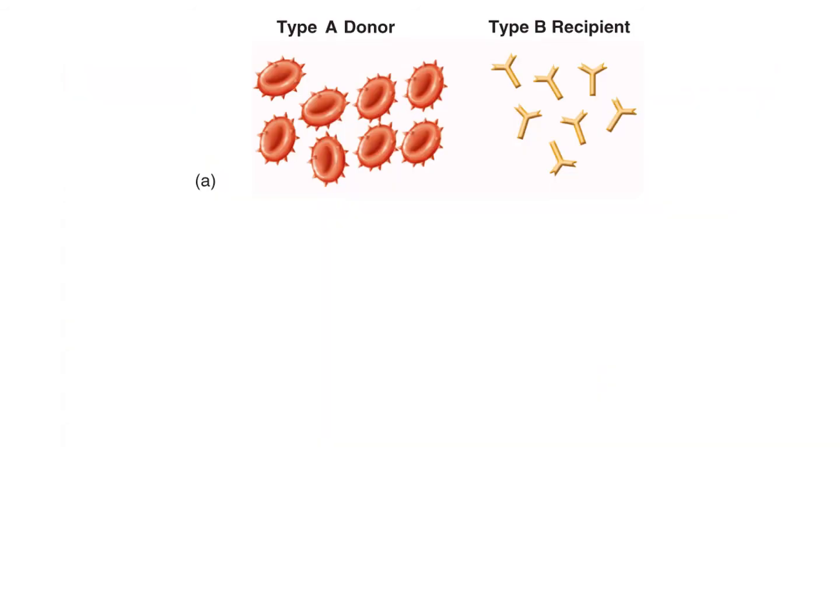And with a transfusion reaction, it's the antibodies in the recipient's serum that causes the reaction. So, for example, if you have a patient who is type B and you accidentally transfuse them with type A, that type B recipient patient has antibodies that recognize A antigen.